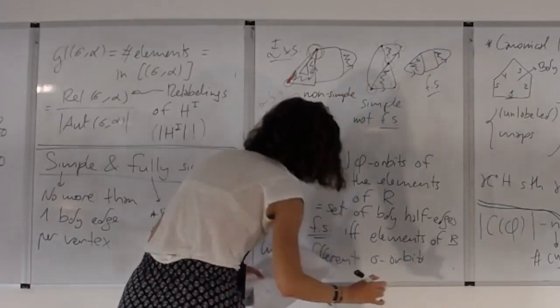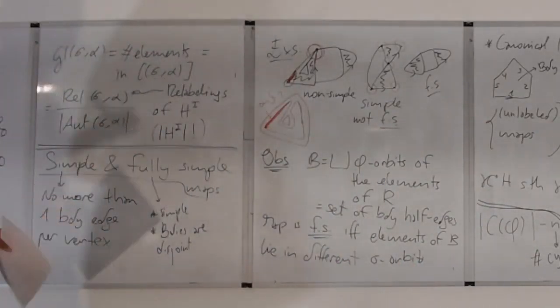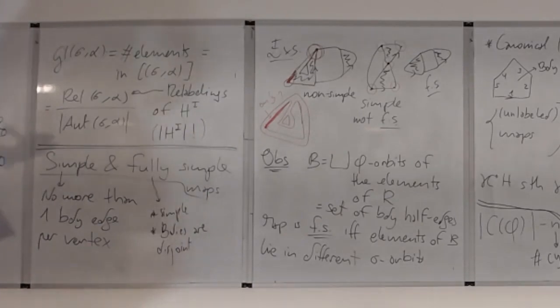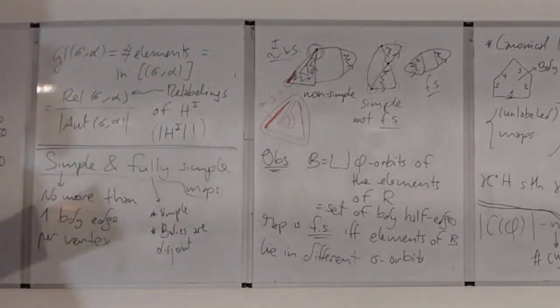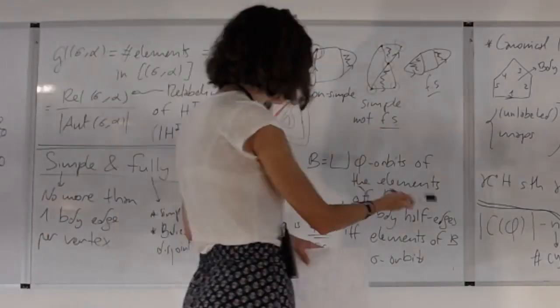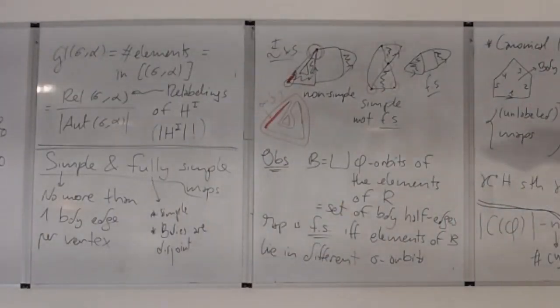This is just a translation into group theory, okay? Not too much group theory, but of this condition that I was explaining here. This will be useful to make the connection with the matrix model.